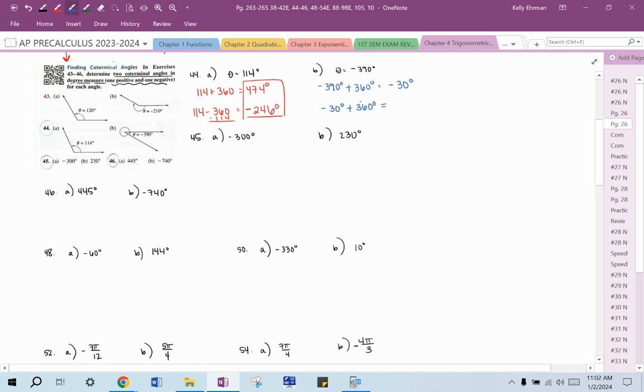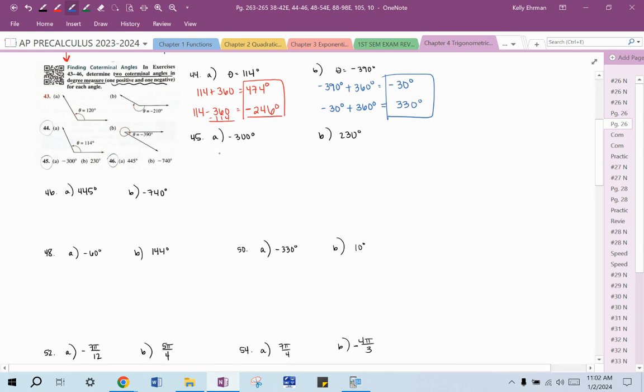Or another way to think of this is I'm basically adding 720 to get to a positive angle. But I just like this. Negative 30 plus 360 is positive 330 degrees. So there's one negative and one positive coterminal angle. It's not wrong to subtract 360 and get negative 750 or whatever it would be. That's fine too. There are infinitely many correct answers.